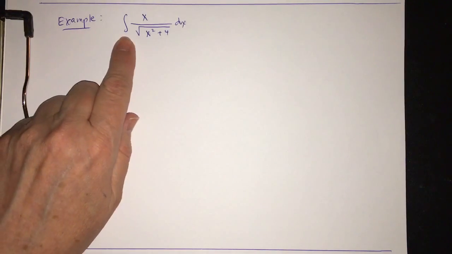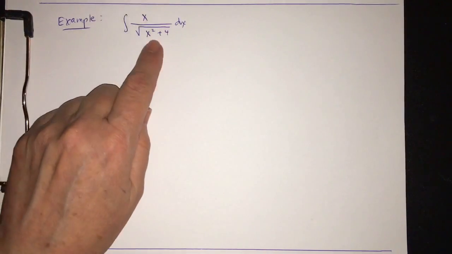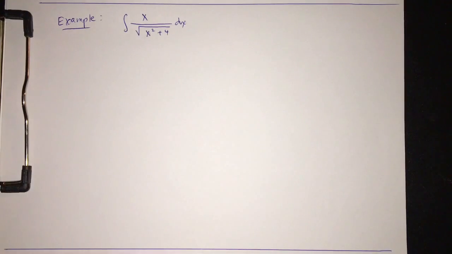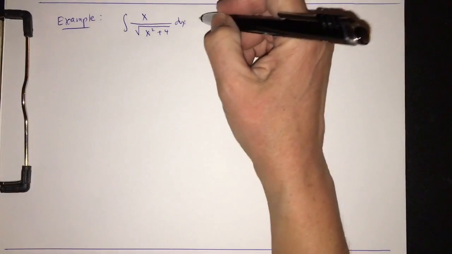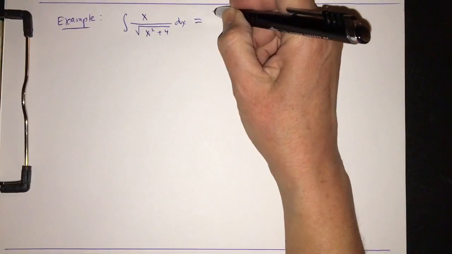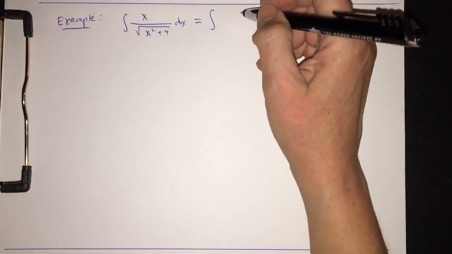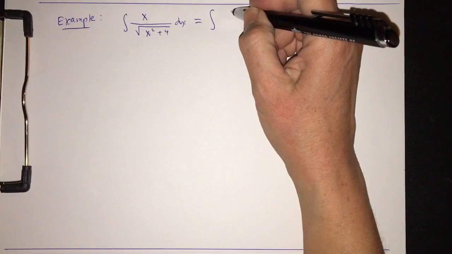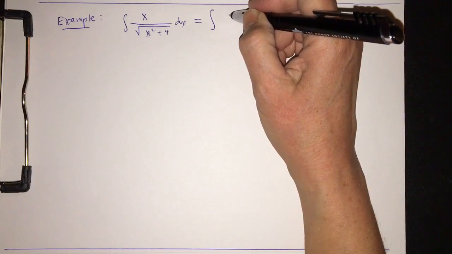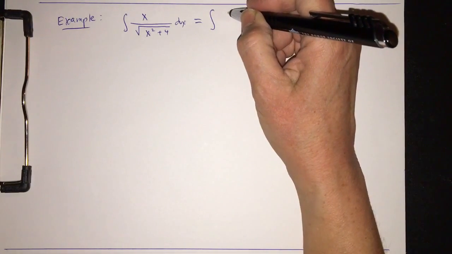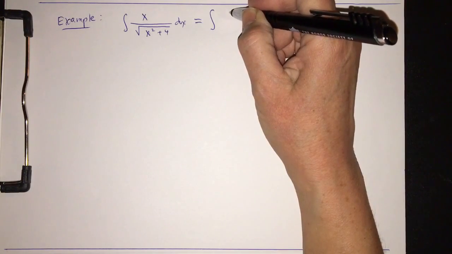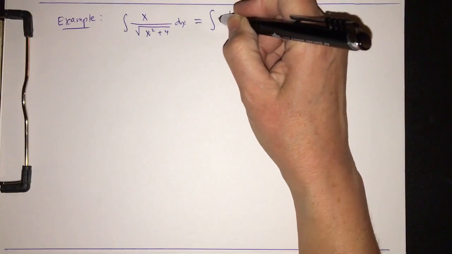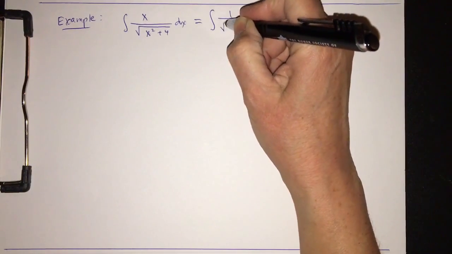So I have here the integral of x over the square root of x squared plus 4 dx. I'm going to put in this little bitty step just because I like to see this step. One thing you could do when you have fractions is think about separating the numerator from the denominator.